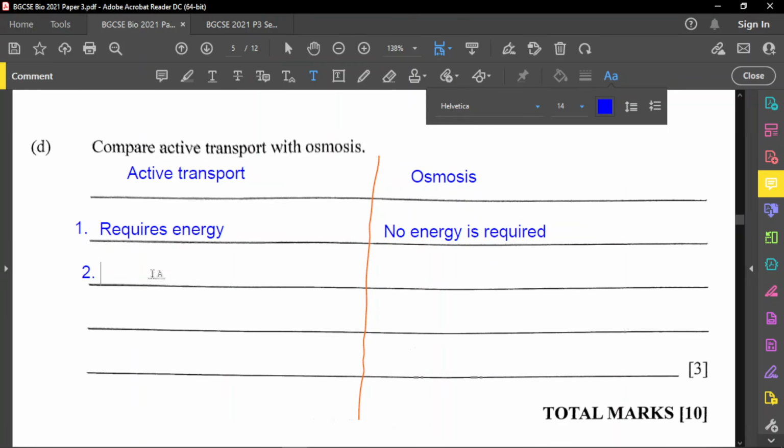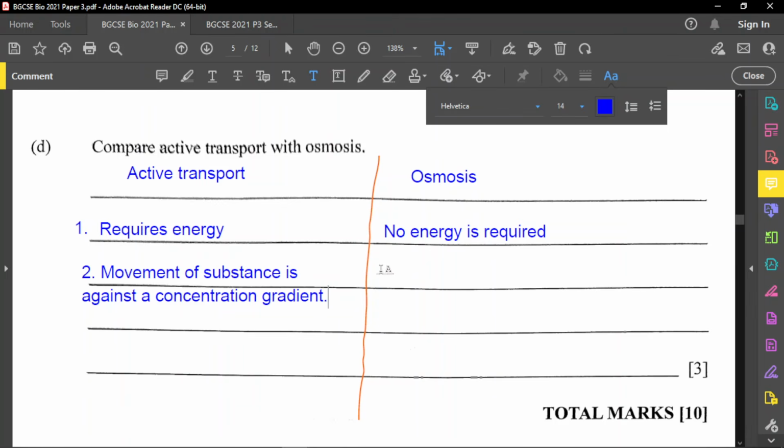Now, in active transport, the movement of substance is against a concentration gradient.